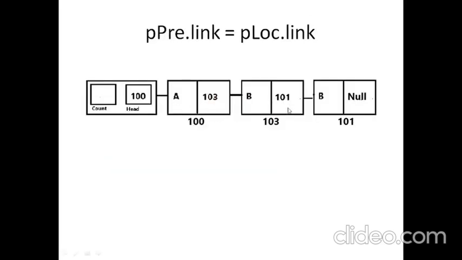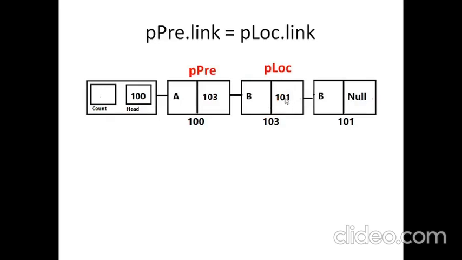So right now, let us assume I want to delete the node with the 103. Now what should happen? I must first treat this as the PLOC node and which one is P3? The previous node or the predecessor. So given that these two nodes are there, p3.link equal to ploc.link, which means this value has to be overwritten by the value here.